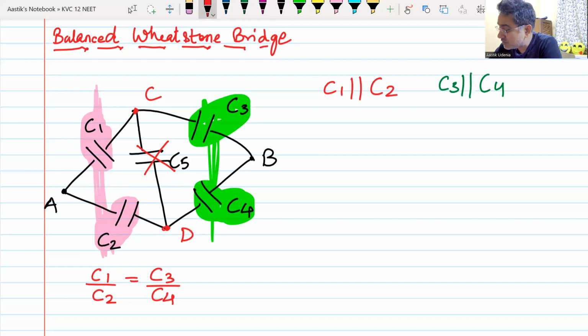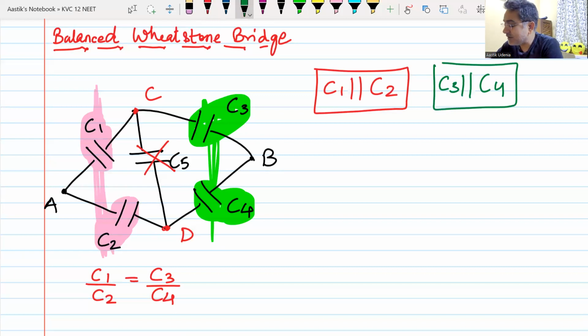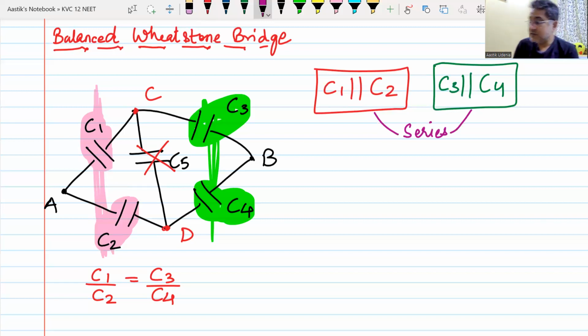The combination of C1 and C2 in parallel and the combination of C3 and C4 in parallel, these two combinations are in series. So C1 and C2 in parallel will be in series with C3 and C4, and hence you can find the effective capacitance between A and B. This is the first way of doing it.